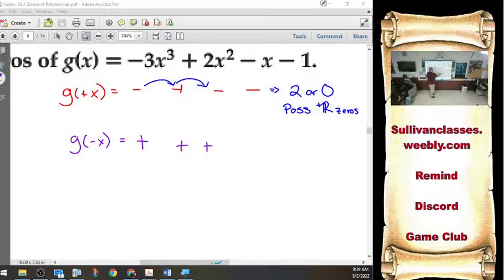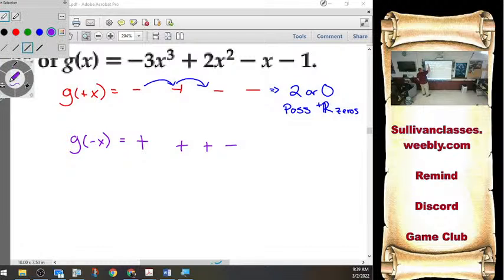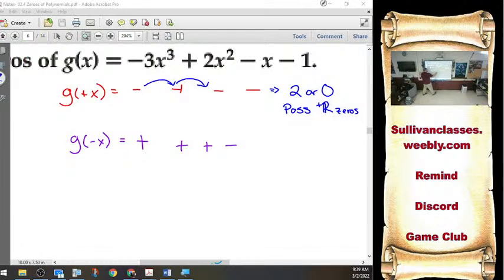And constants are just constants. I can't mess with it. It stays negative. Would it be just 1 or would it be 1 or 0? There was 1 sign change. Can I go down 2 from 1 and have that make sense? Can I say there's -1 negative real zeros? Okay, so 1 possible negative real zero.